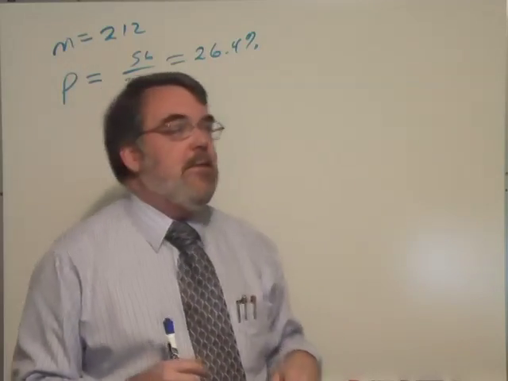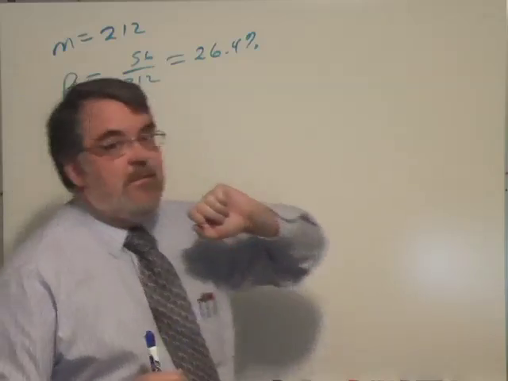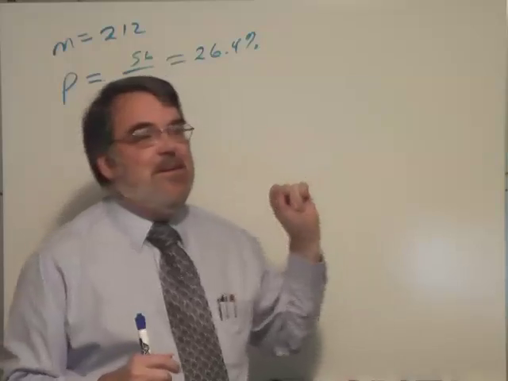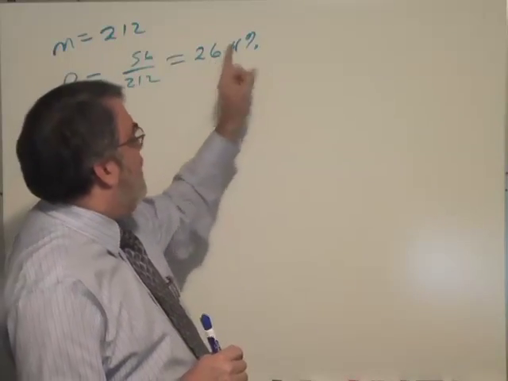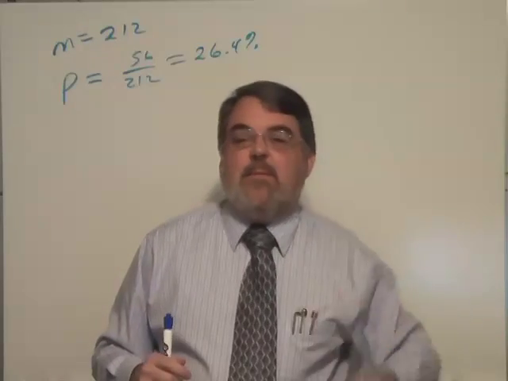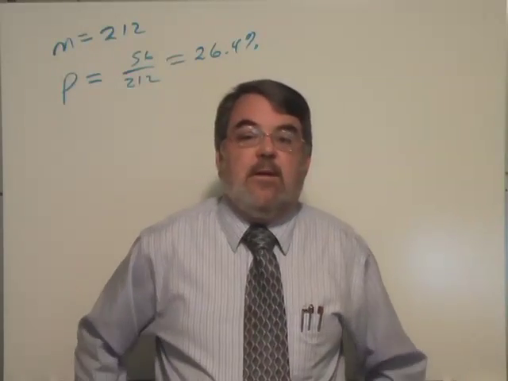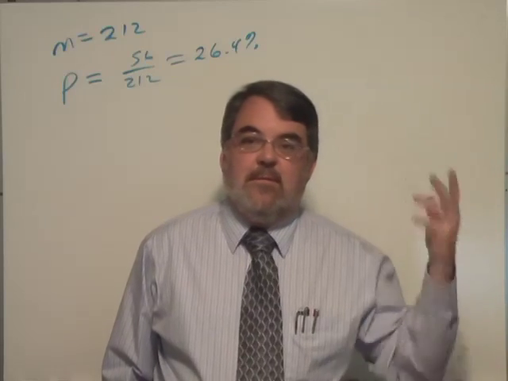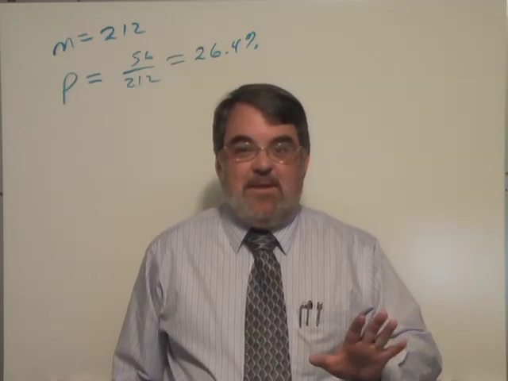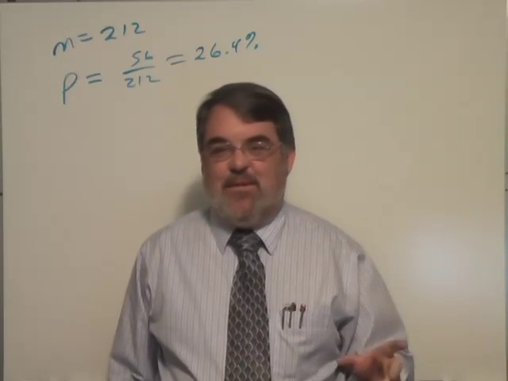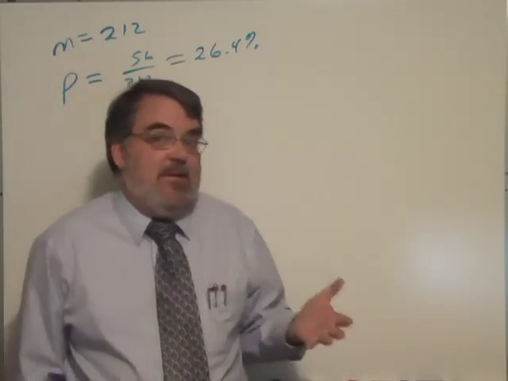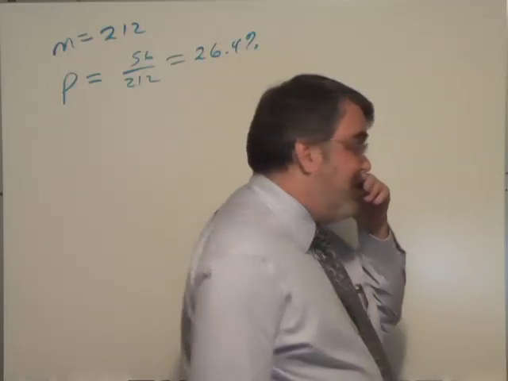So if I multiplied 212 times 26.4 times 73.6, oh, we also have to take the square root of that product. Then we would have the standard deviation for this sample. So anyway, don't worry about that. It's built into the confidence interval formulas. So you don't have to worry about calculating the standard deviation. It's already done for you in the formulas.